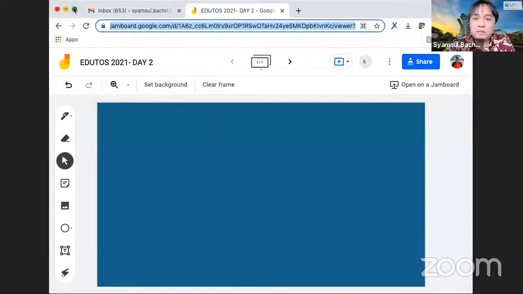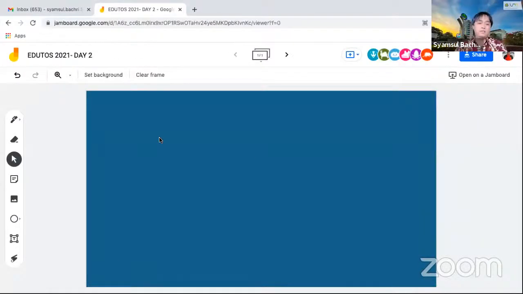Please join, and if you have a place in your country that is a tourism destination and is linked to a hazard, you can mention it. But don't forget to write your name, your country, and the place itself. You can use the sticky note here. If you're not familiar with Google Jamboard, just use the sticky note.